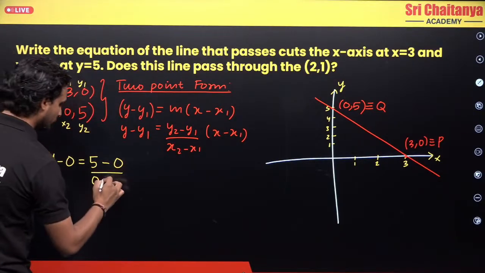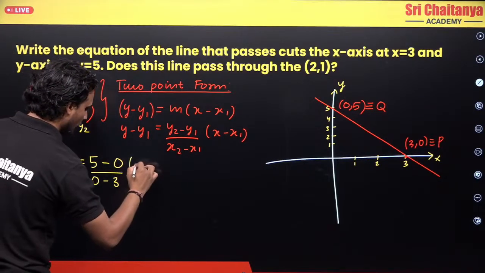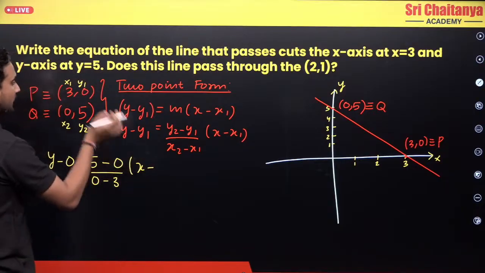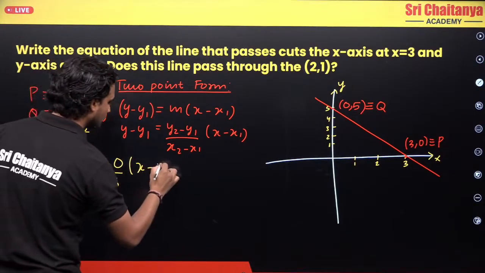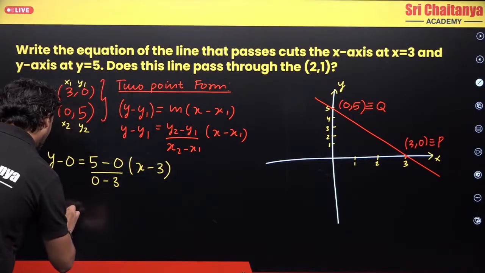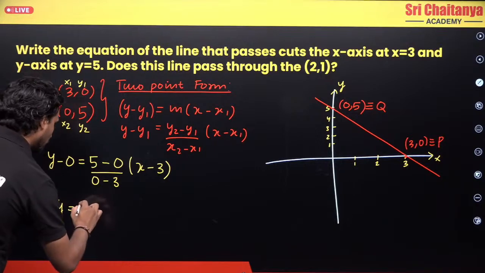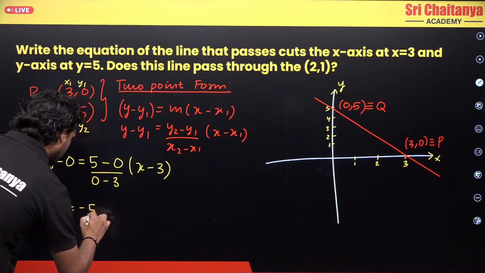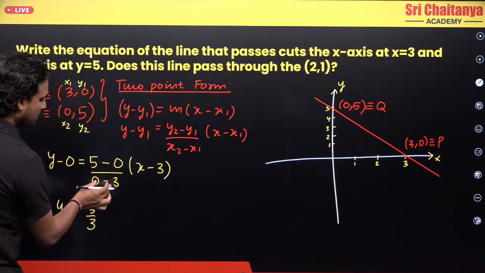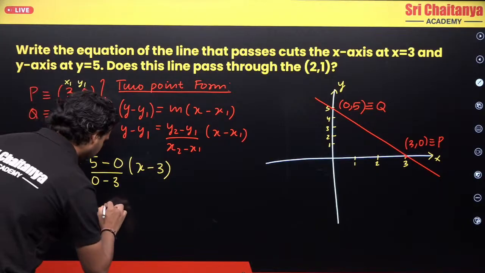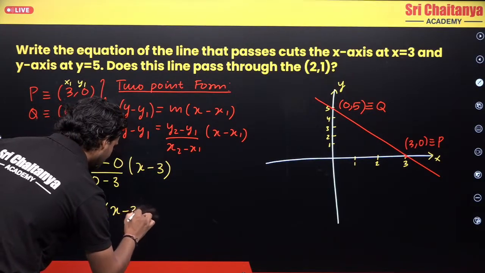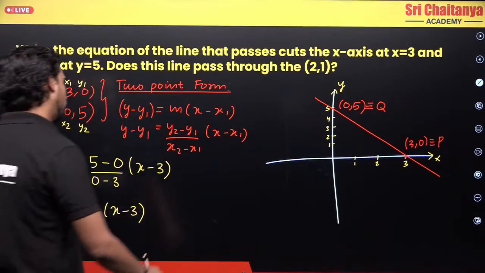What is x1? x1 is 3, into (x minus x1), and x1 is again 3 here. So what do I get? y is equal to minus 5 by 3, into (x minus 3). Okay, so what does this give me?